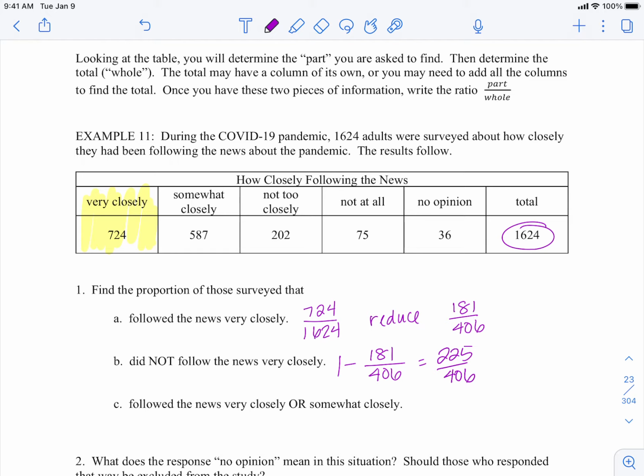Follow the news very closely or somewhat closely. So very closely, oops, I guess I could have left that highlighted, 724. Somewhat closely is 587. So we're going to add these. 724 plus 587 divided by our total, which is still 1,624.